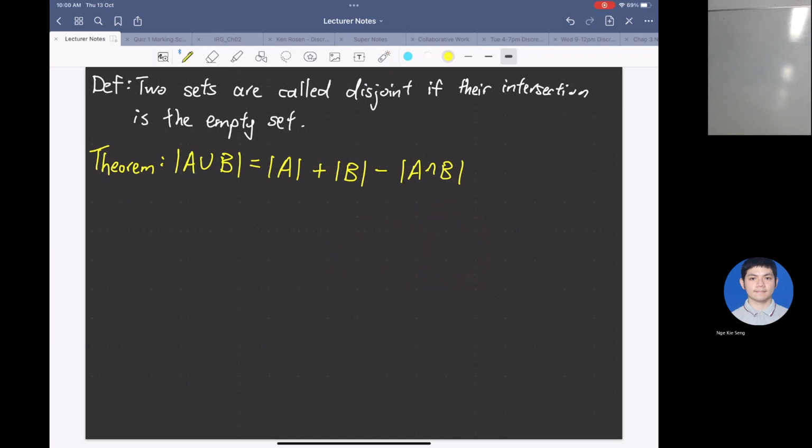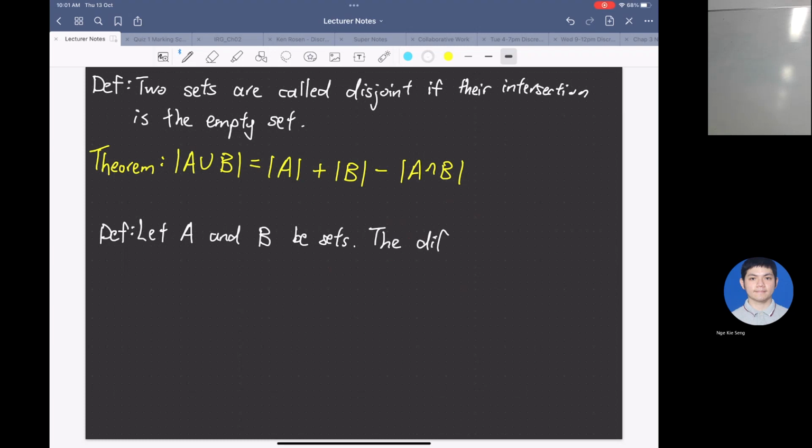This is the idea behind it. So the other one is actually taking the difference. This one is important. So let A and B be sets.